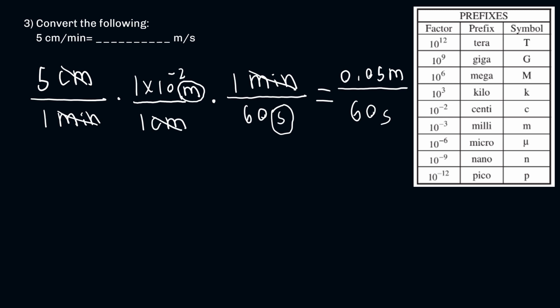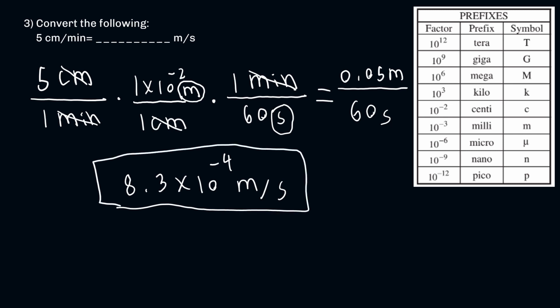So 0.05 divided by 60 is going to give me 8.3 times 10 to the negative fourth meters per second. Again, your calculator should give you that straight away in scientific notation because it is a small enough number. So let's move into our final example.